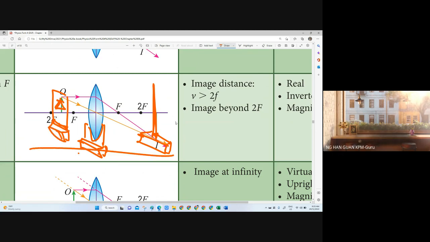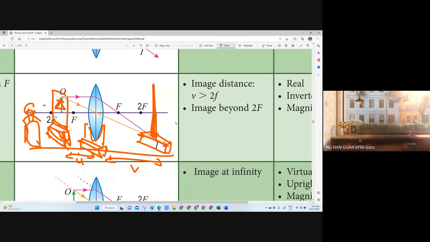This is our bulb, our red box, so light passes through. We already adjusted the position of the lens, so we have this object distance. After that we need to adjust the screen so that we can get the image distance. When we put the screen here, we are able to see a sharp image.